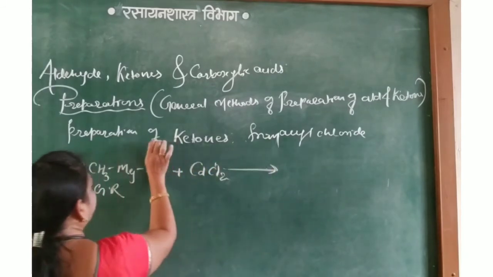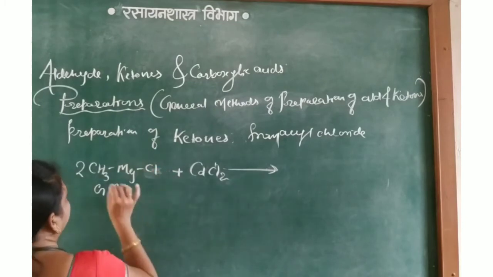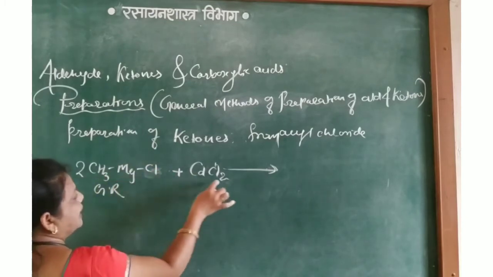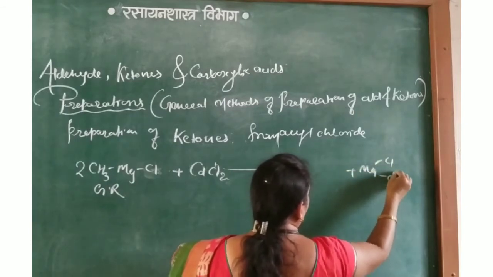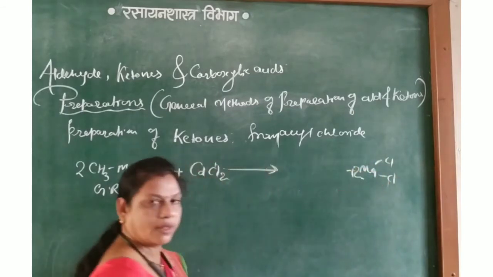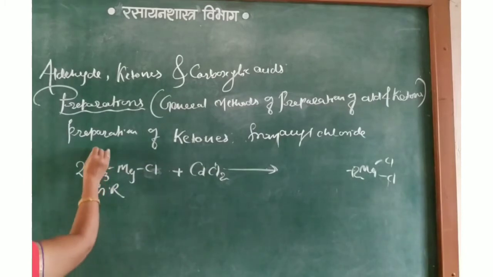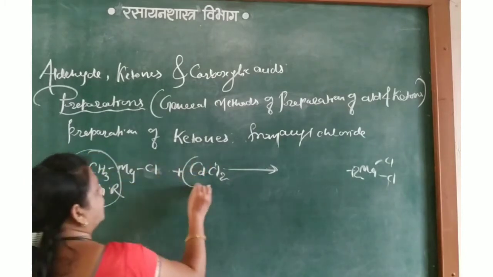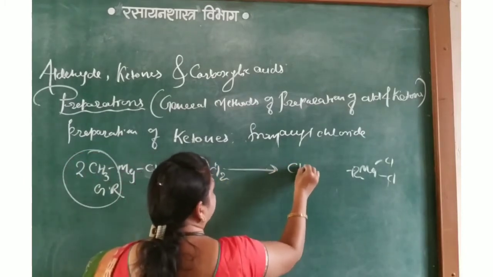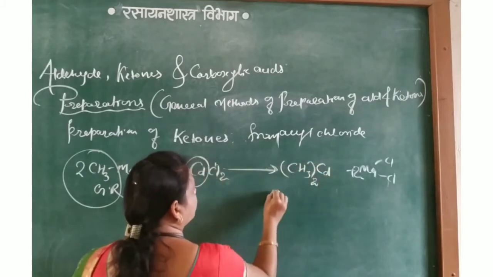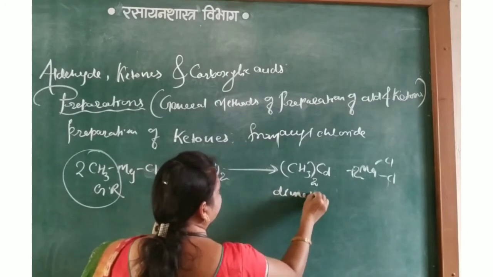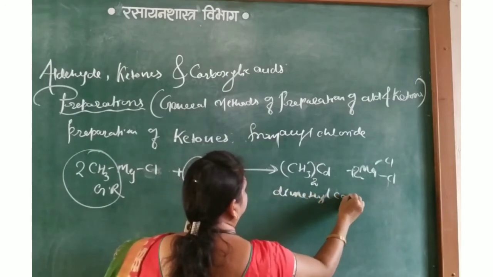If we take here Cl, then here Mg twice MgCl and this 2Cl to form MgCl2, plus this 2CH3 combined with Cd to form (CH3)2Cd. This is called dimethyl cadmium.